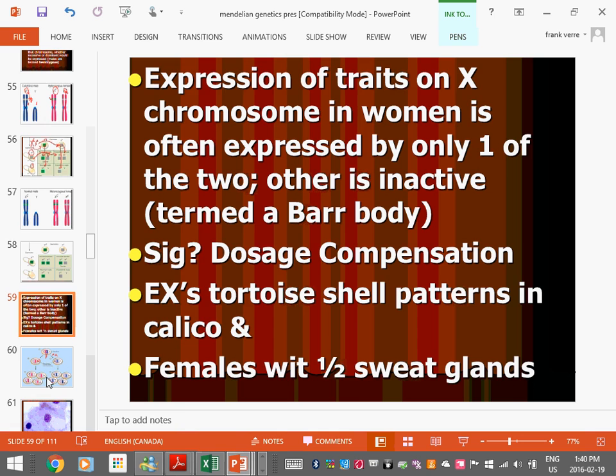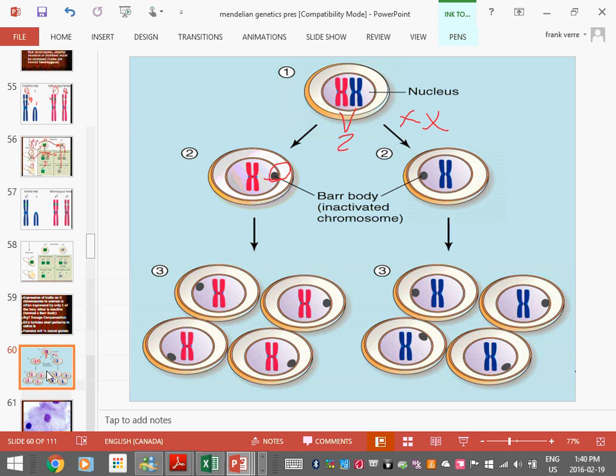Something happens though with you guys. As you develop, one of the 2 X chromosomes actually shuts off. It becomes what's called a bar body. So one of the 2, you can see it over here, becomes turned off. And which one it is is totally random.